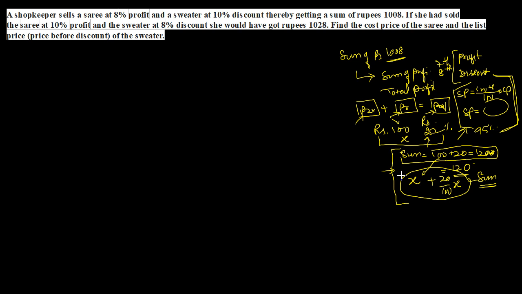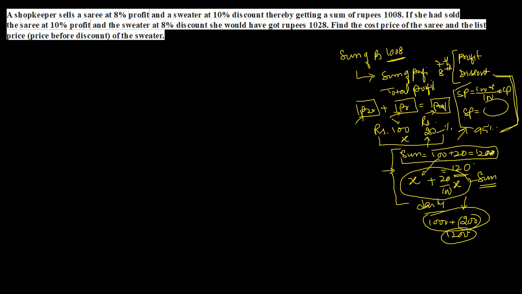You will see this in your daily life. If someone asks what was your profit, you would say 200 rupees profit. And what was the total price you sold it for? If you have 1000 plus 200 profit, you will tell them 1200. Remember how you calculate that.